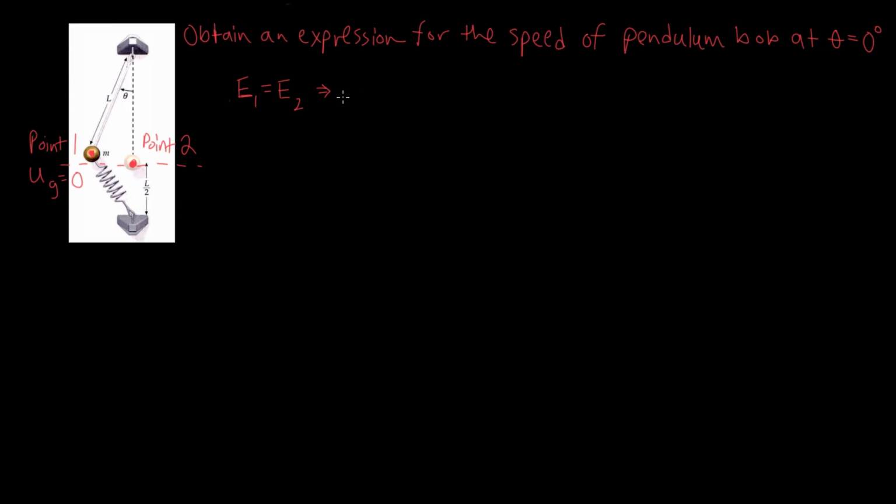pendulum gains potential energy. So we can write that the energy of the pendulum at point 1 has potential energy, which I'll denote with a capital U subscript G. And since we're also stretching the spring, it'll also have spring potential energy.